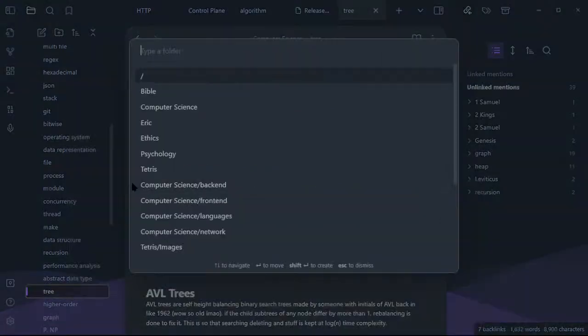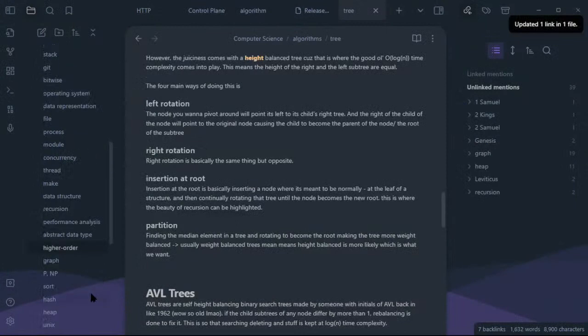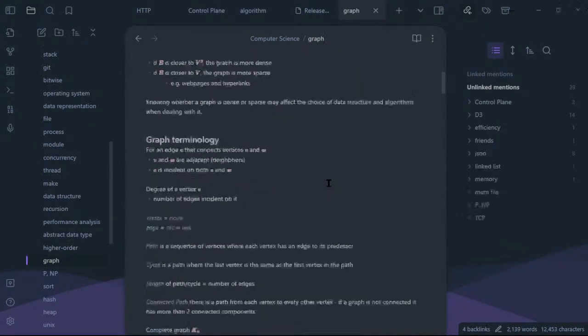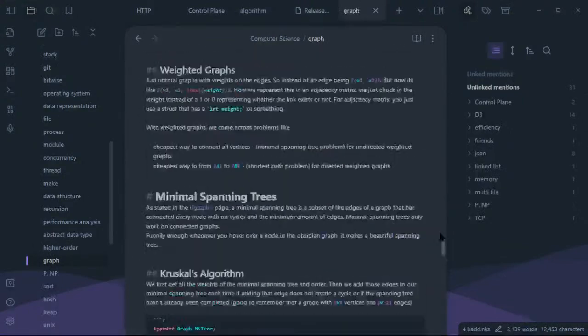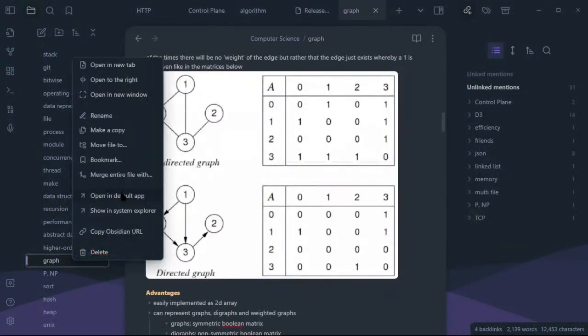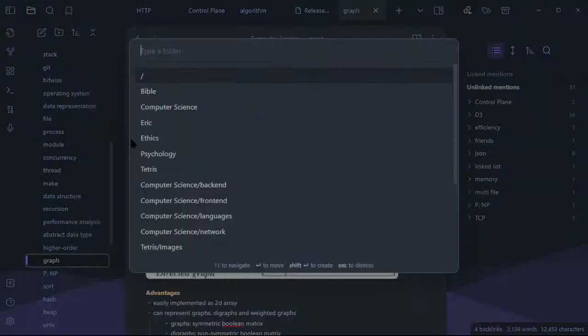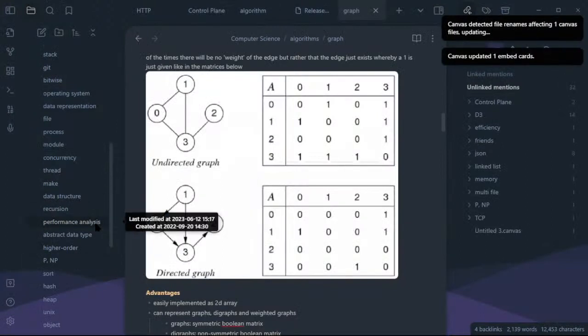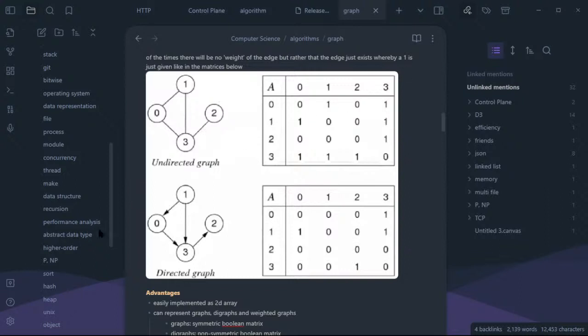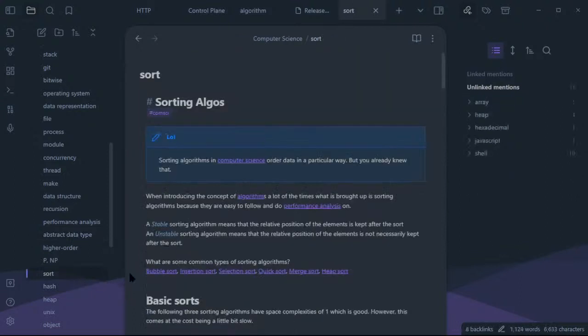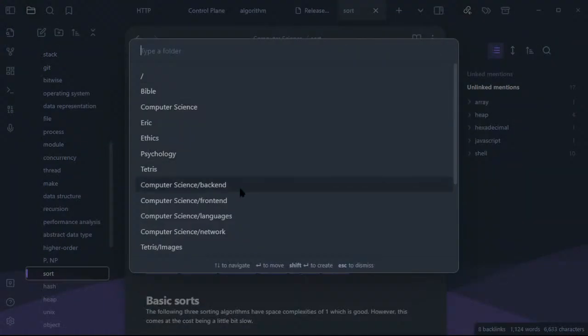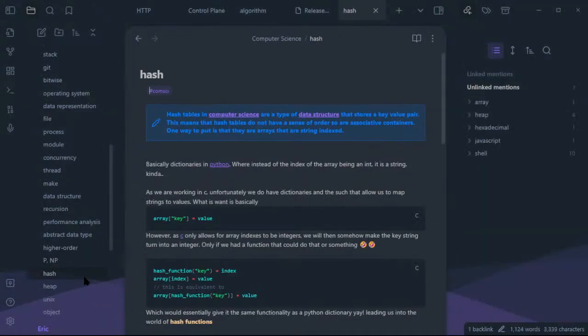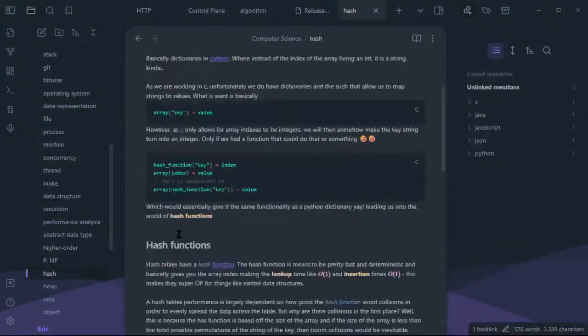I'm just graphs aren't necessarily an algorithm-y thing, but the way I've written it makes it an algorithm-y thing. Sorting algorithms. Hash tables.